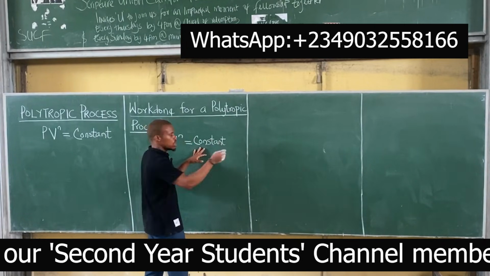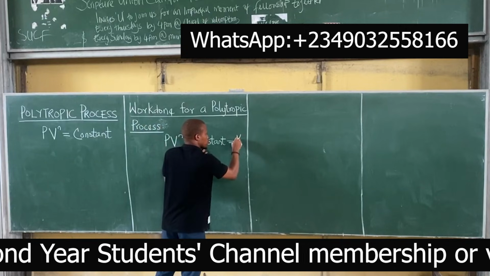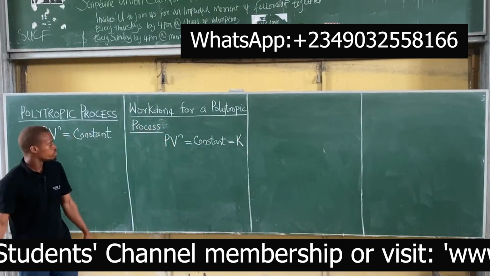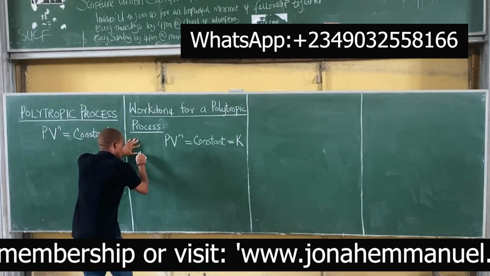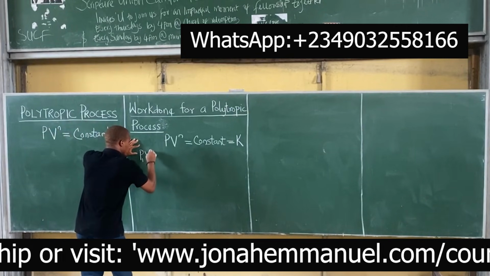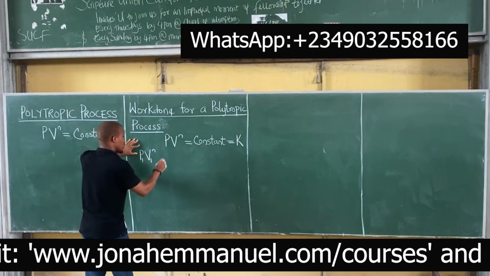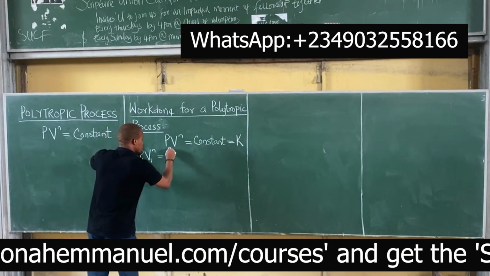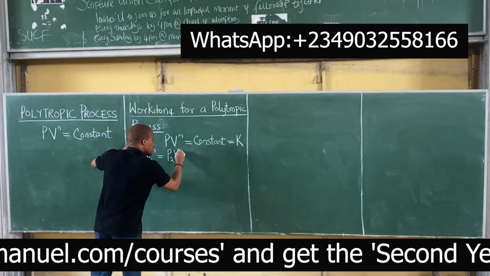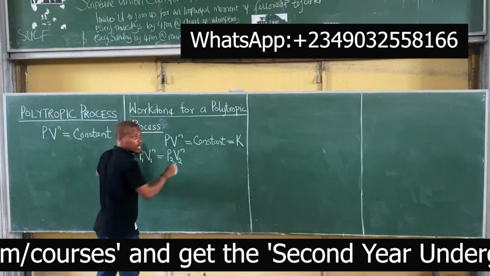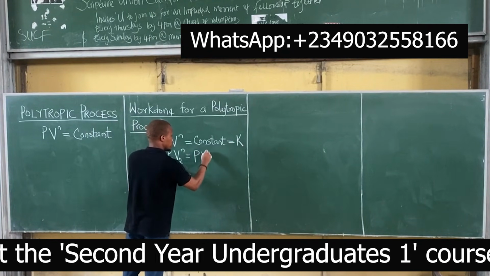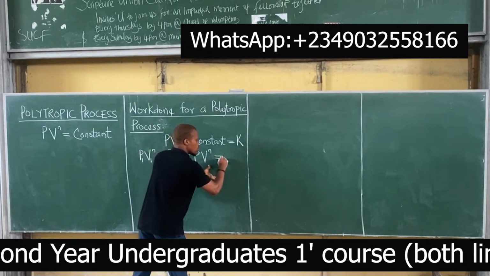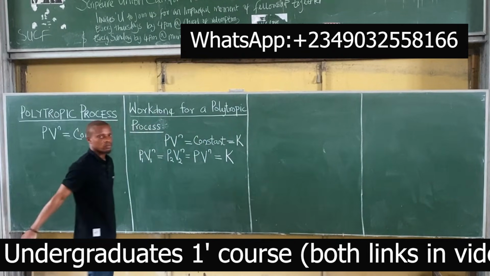Let's call the constant K. Also, this can be represented as P1 V1 raised to power n equals P2 V2 raised to power n, equal to PV^n, all equal to a constant K.